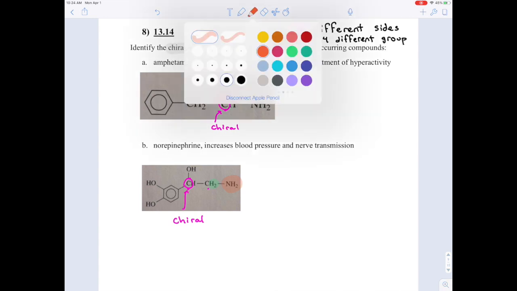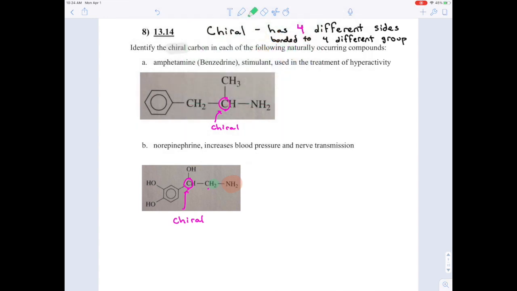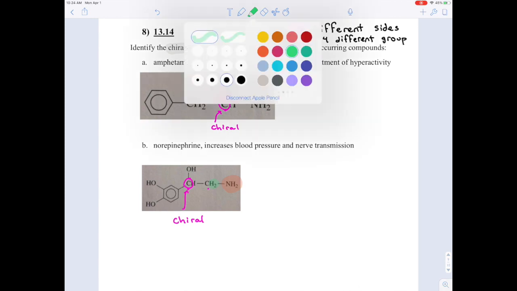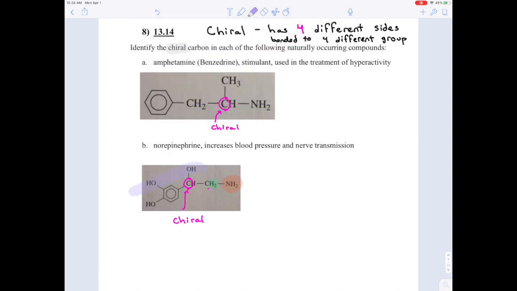And then you can see a bond to this gigantic group on the left, this whole thing. But that is only 3 different groups that carbon is bonded to. You only see 3 colors there. So that is not chiral. In order to be chiral, an atom has to be bonded to 4 different groups. And that would be it for this one, just that one carbon there.